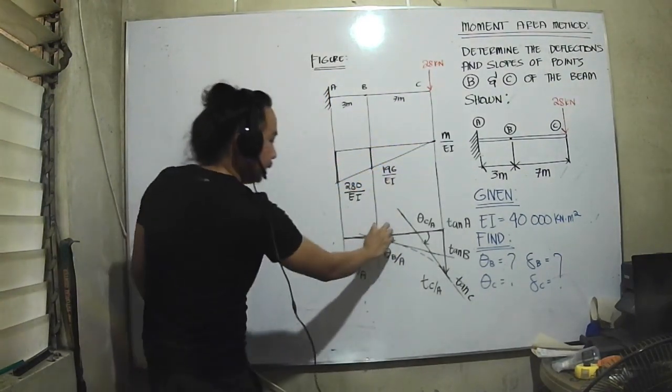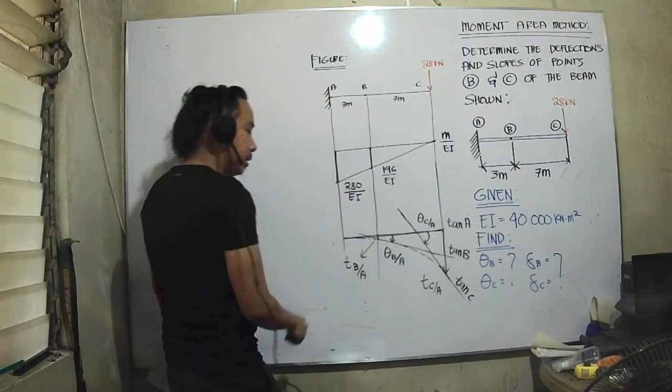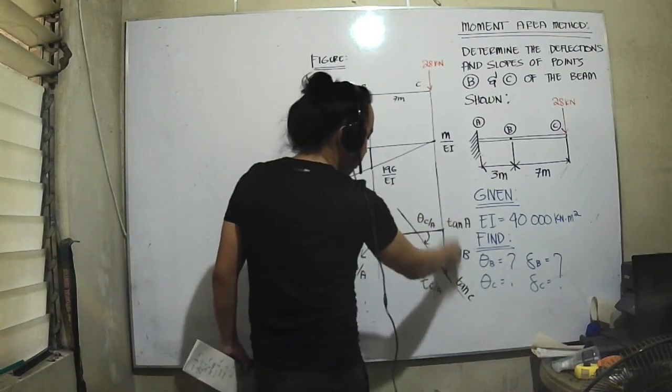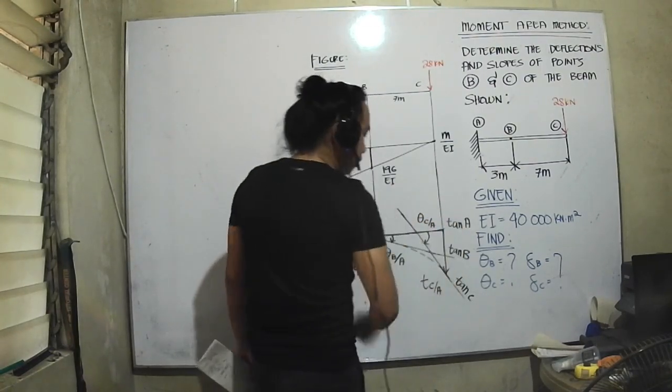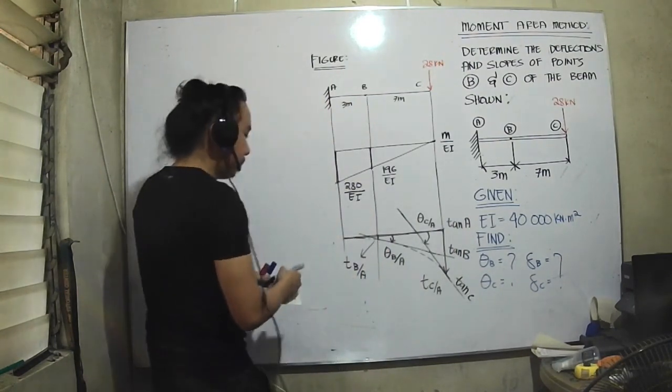So, from tangent A to tangent B is TBA, and from tangent A to tangent C, the vertical distance is essentially our deflections, okay?